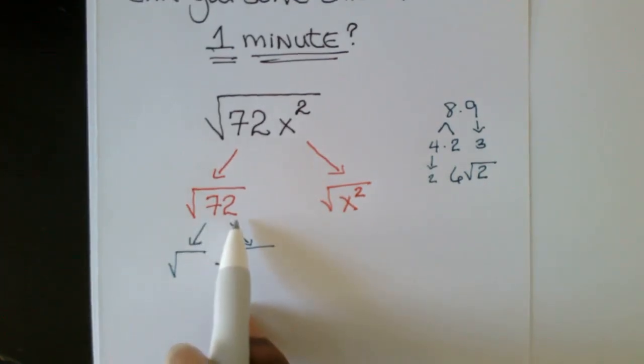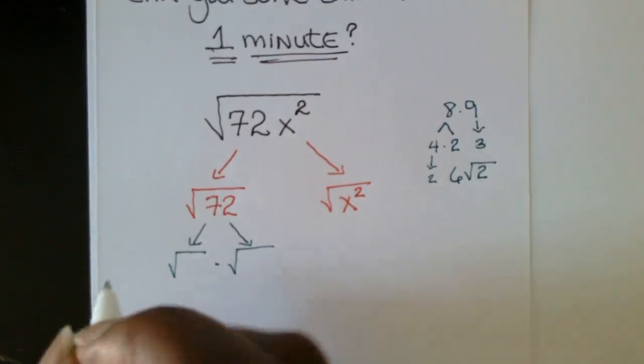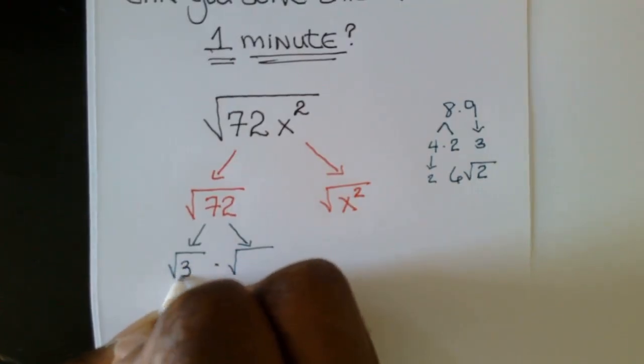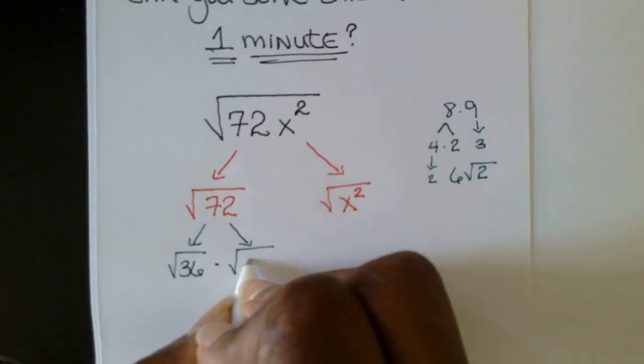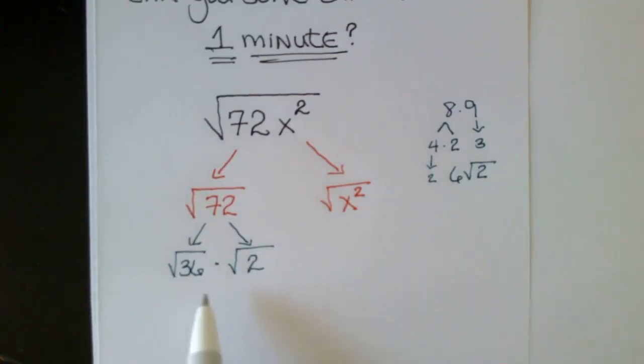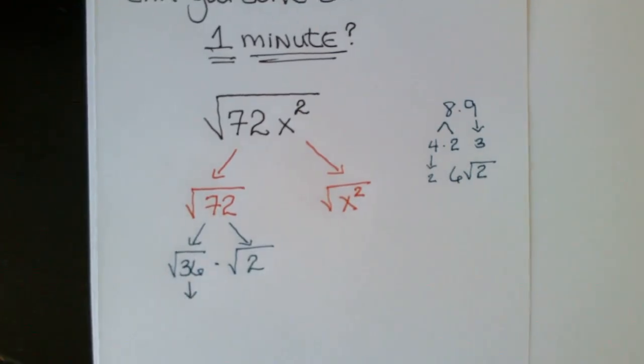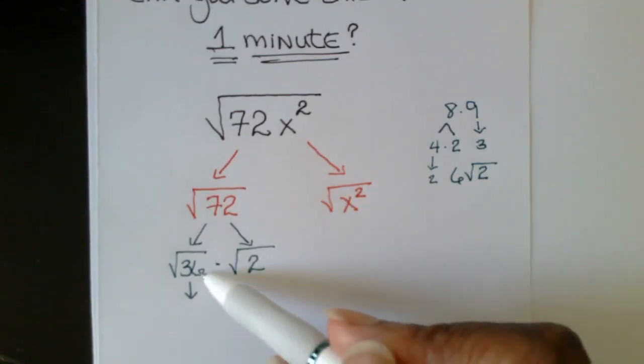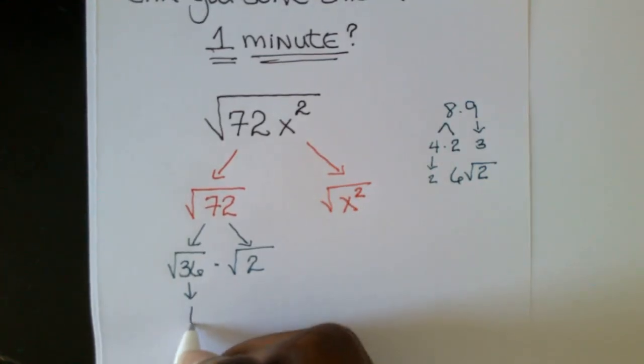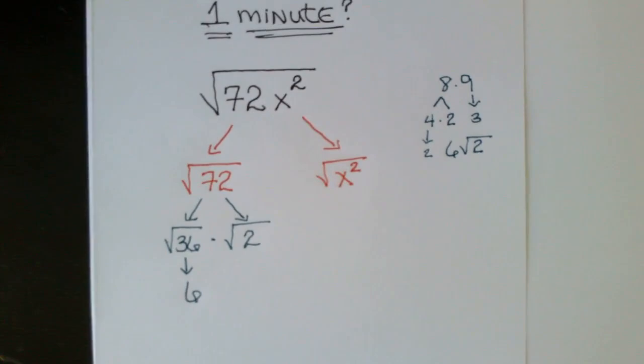If you know your perfects, I know I can do 36 and 2, because 36 times 2 gives me 72. And 36 is also a perfect square, meaning a number multiplied by itself gives me this answer, which is a whole number of 6.